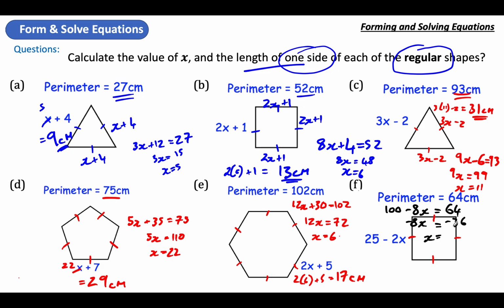Minus 36 divided by minus 8 is 4.5. So x has a value of 4.5. Now this is mildly trickier, but it's 25 take away 2 lots of 4.5, which is the same as 25 take away 9, which equals 16. So one side is 16.